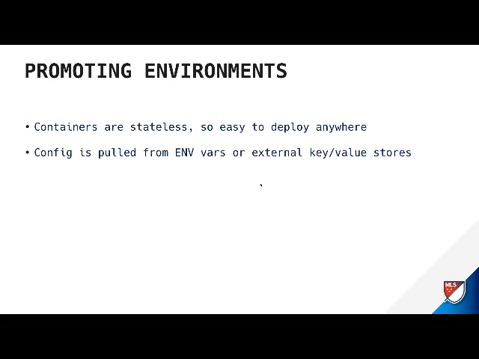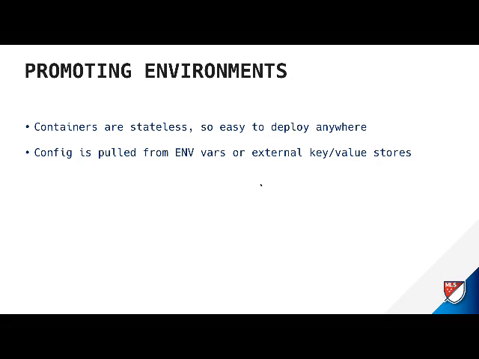Because it's stateless, your config is pulled from environment variables or external key value stores. So all it takes to change an environment, aside from maybe the server the container is living on, is giving it different configuration. If you're running locally, you're going to give it information for maybe a local database. If you're running Docker locally, you might have a Docker container you point it at.